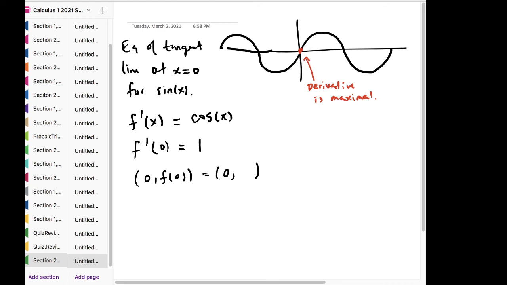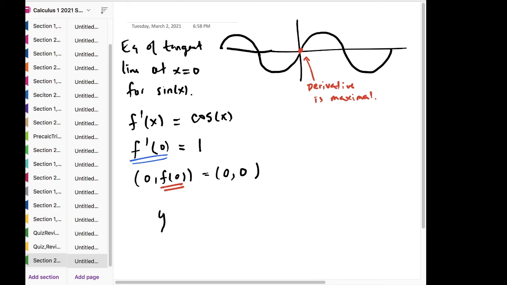Not f prime of 0, what's f of 0? 0. Yeah, something to really be careful about. So make sure derivative versus function.